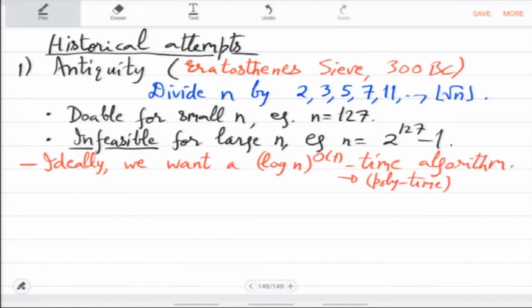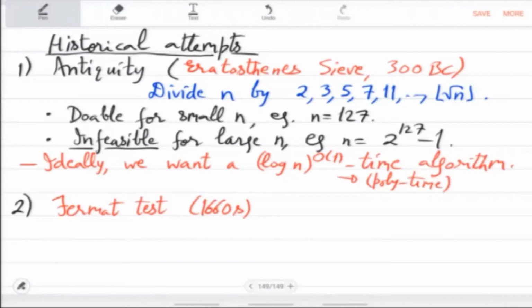Okay, so let's move to the next, slightly more advanced primality test which was discovered. It's called the Fermat test, which is fairly recent with respect to 300 BC. This is very recent, 1600s, 17th century. So what is done is this uses Fermat's little theorem.